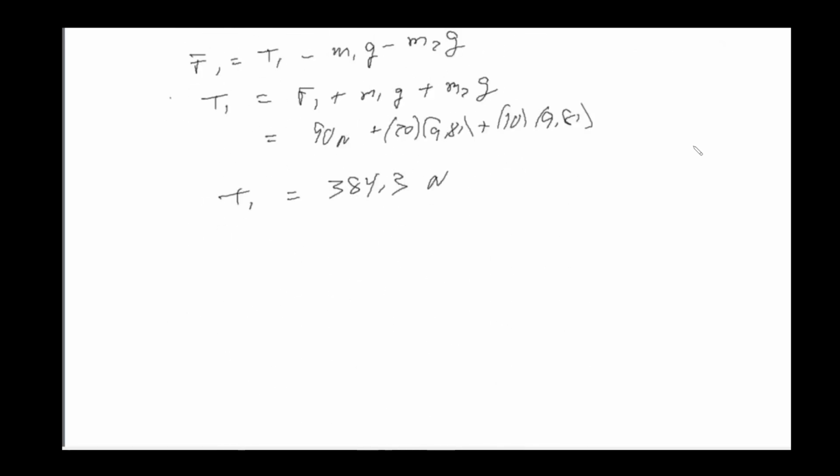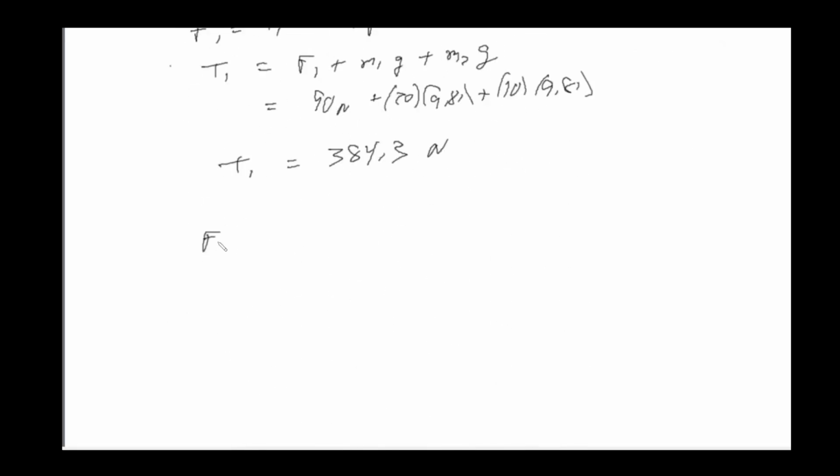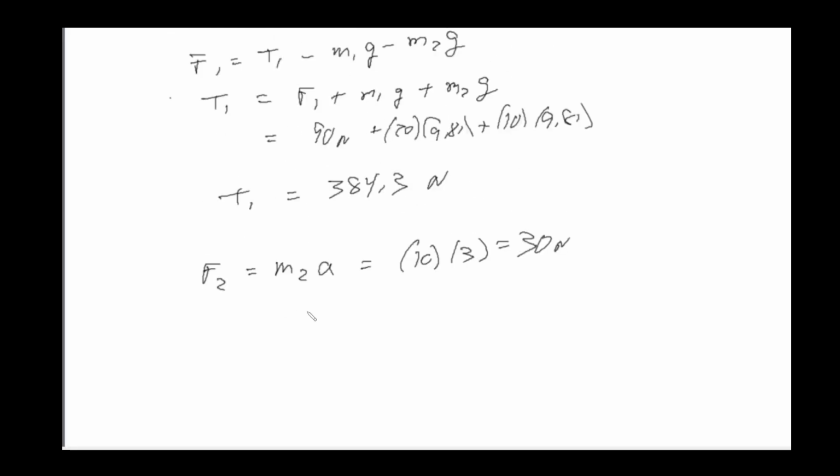And now let's go back to mass 2. The force on mass 2 is equal to the mass times the acceleration of that system, which is equal to 10 times 3, which is equal to 30 newtons. That is equal to T2 minus m2 g.